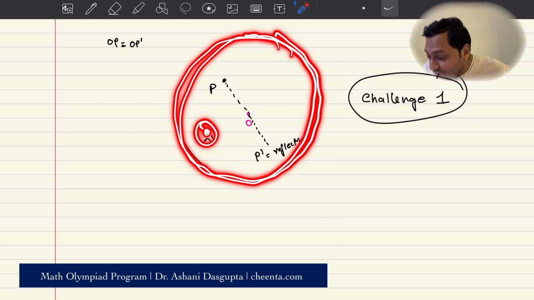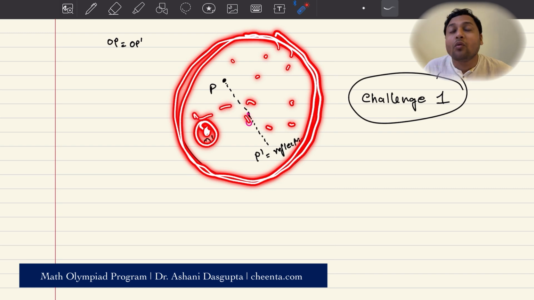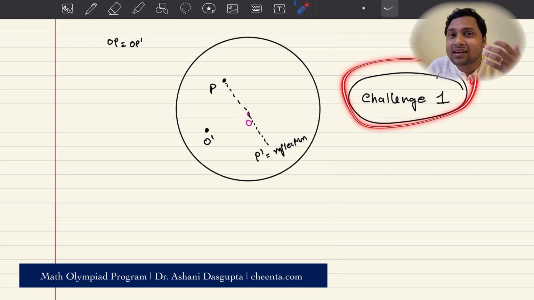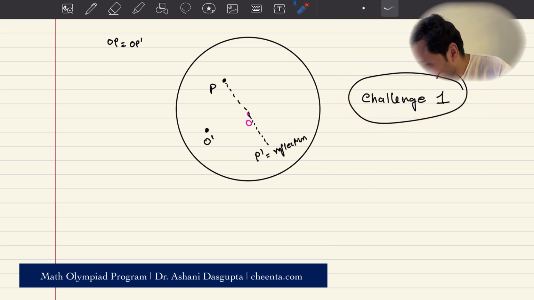That means if you reflect every point on the board about O prime, what kind of shape will you get, and what is the relationship of that shape with this original circular board? Maybe you may already understand that. If you can, please put a comment in the comment section. Let me know what you think.